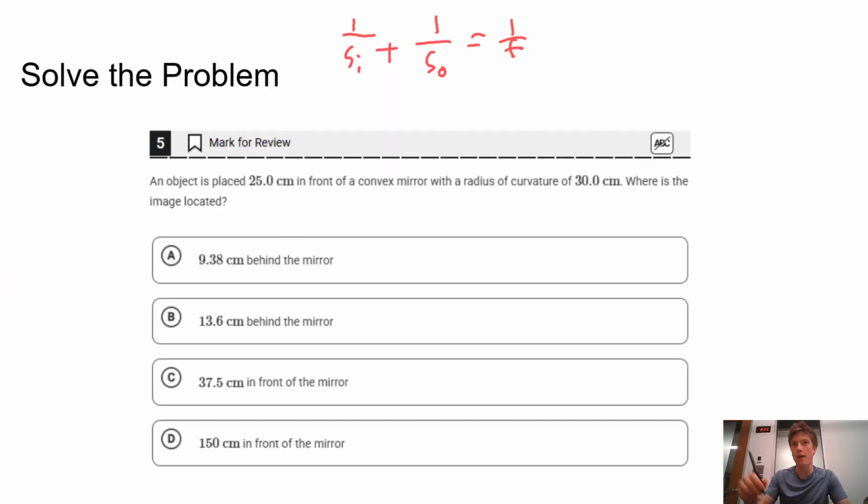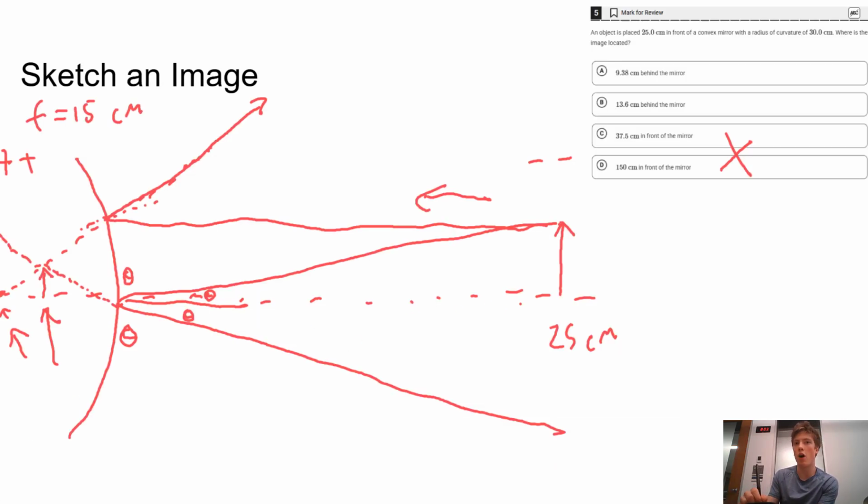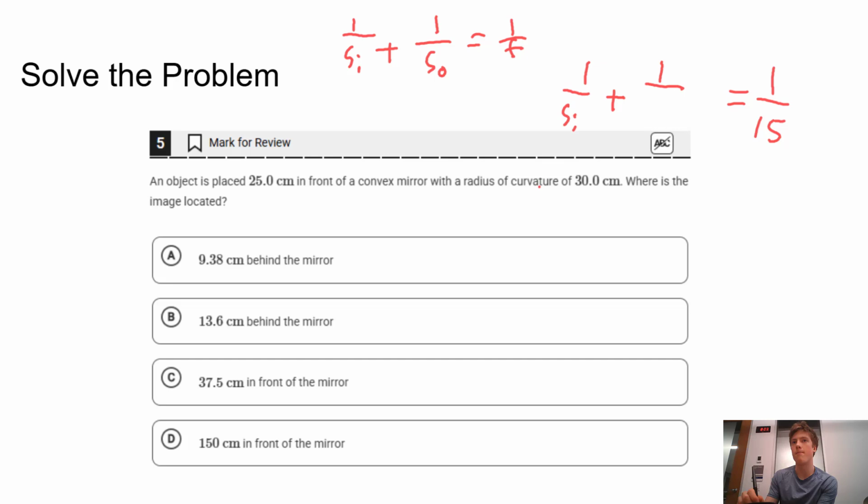So the focal point is positive, so we'll say 1 over 15 is equal to 1 over SI plus 1 over SO. Is SO positive or negative? Let's check. The object is right here, and we can see that it's on the negative side. So it's negative 25 centimeters, and we put in negative 25.